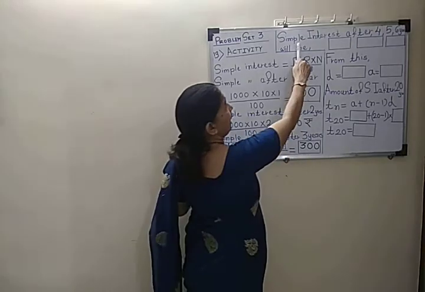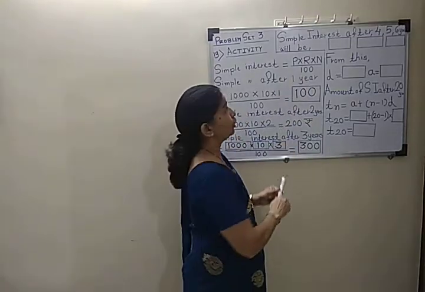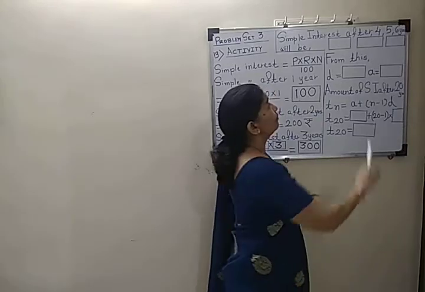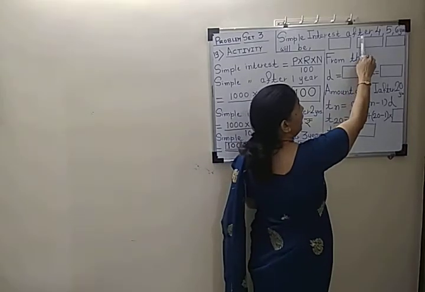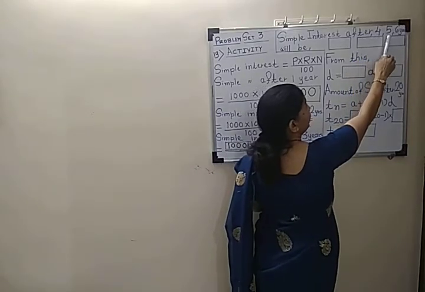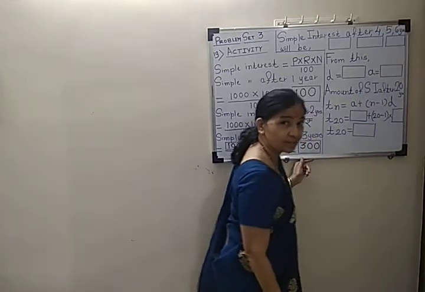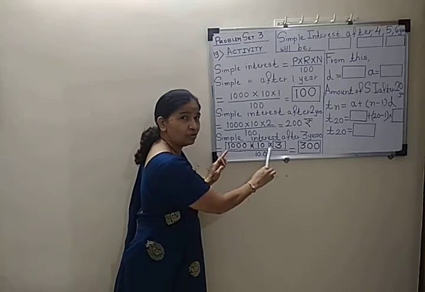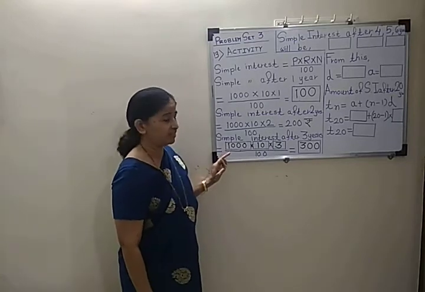Then what are they asking? This simple interest, in this way, if we are calculating after 4 years, 5 years, 6 years. Now see that these values will remain as they are.